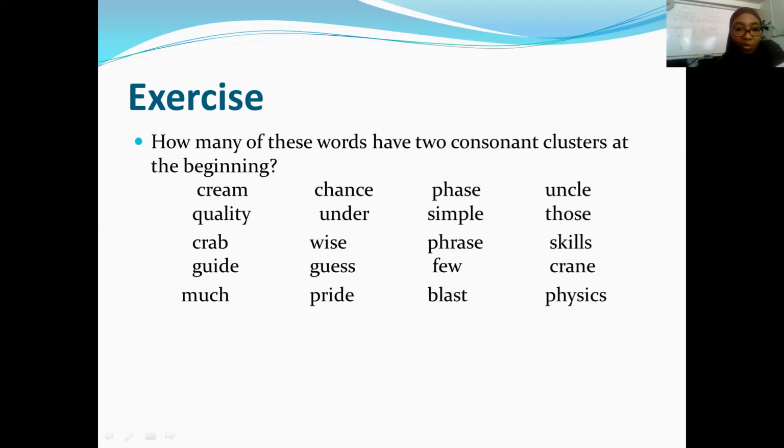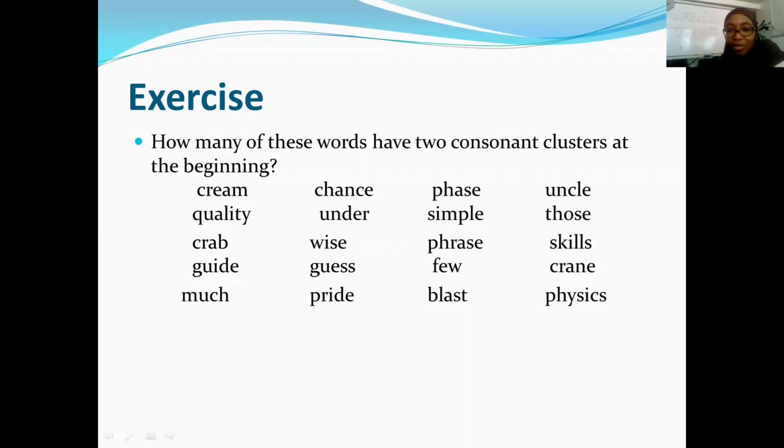So I have the word cream, 1, quality, 2, crab, 3, pride, 4, phrase, 5, feel, 6, blast, 7, skills, 8, and crane, 9.